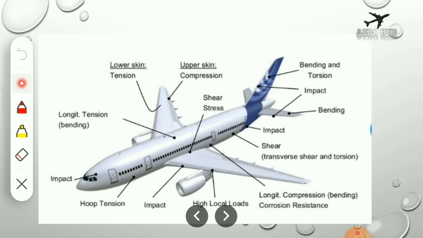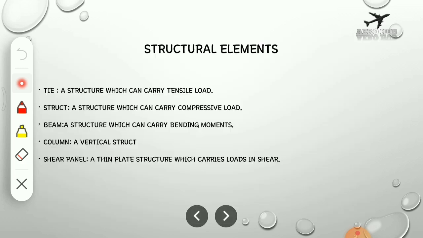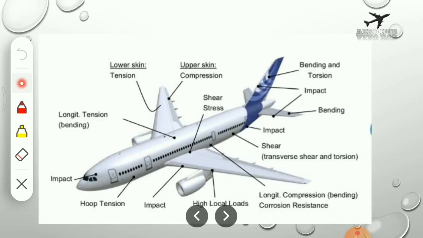Fatigue can affect the aircraft at the lower portion of the fuselage. We also have high local loads, mainly due to the presence of the engine. This is an overview of the types of stresses acting on the airframe of an aircraft structure. If you consider a fighter aircraft, this will be completely different.